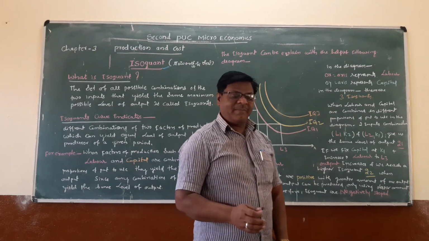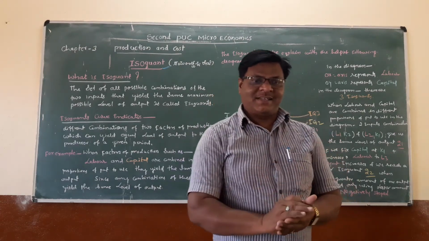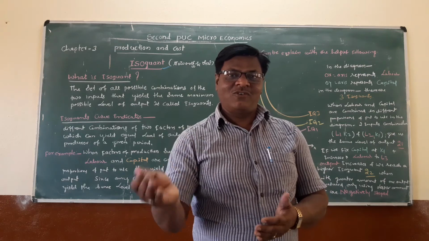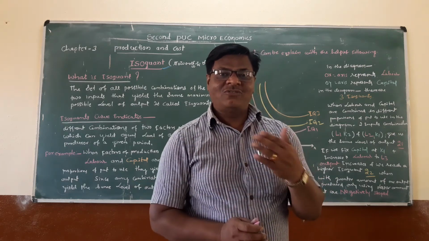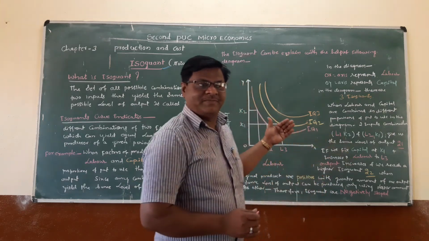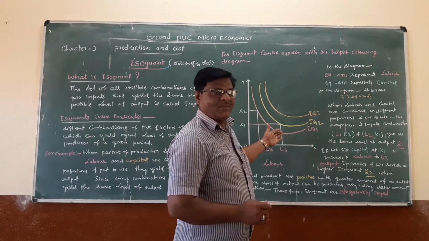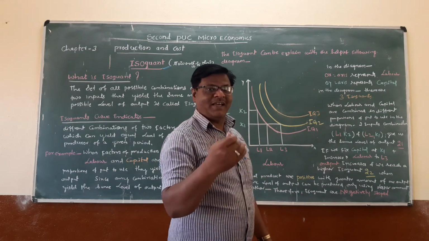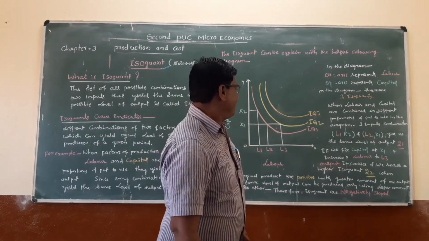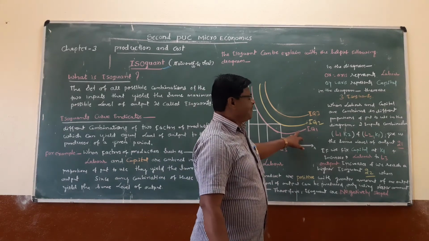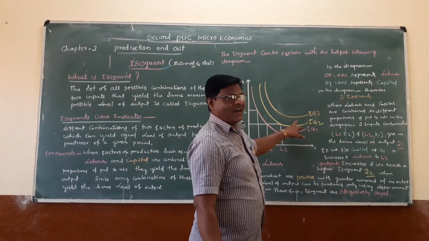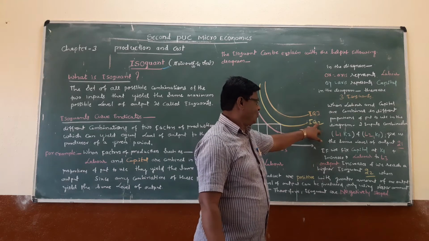As we use more and more of one factor, the output will increase. So the higher isoquant curve is IQ2.